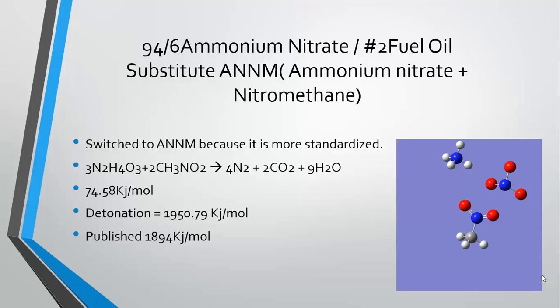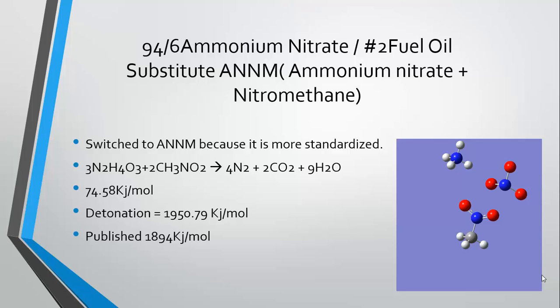But once again, you will see that the detonation and the published energy released is very similar. And I was surprised that these are so high. I know they're used for blasting effects and not really used for the pop that we talked about with lead azide.